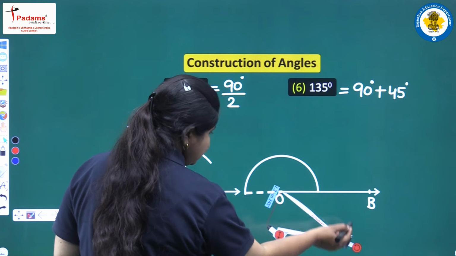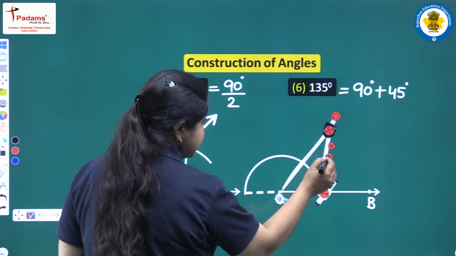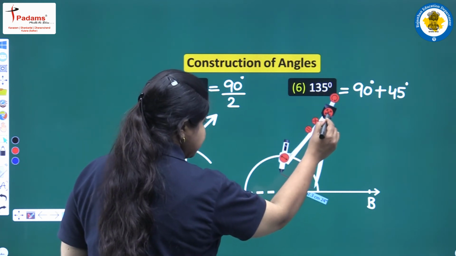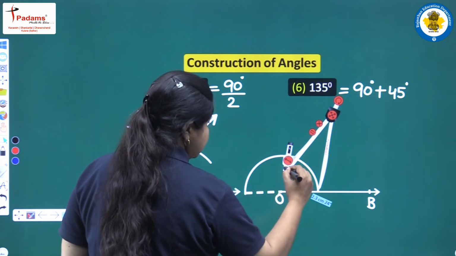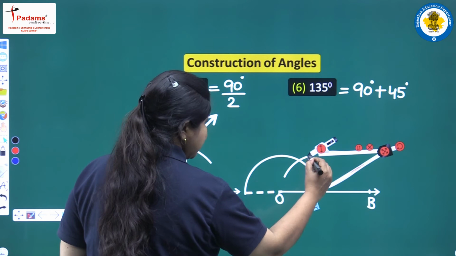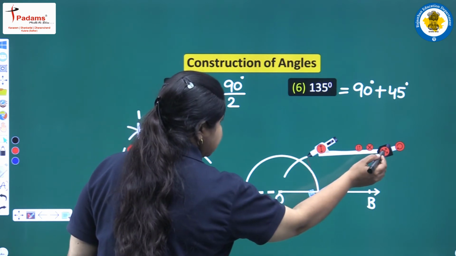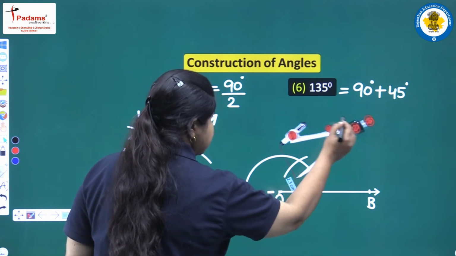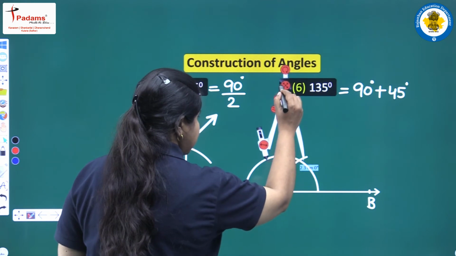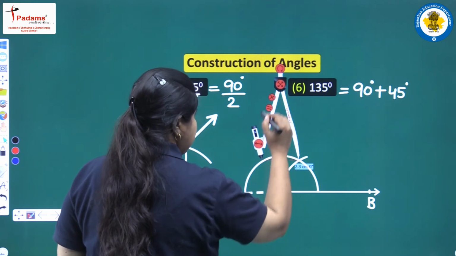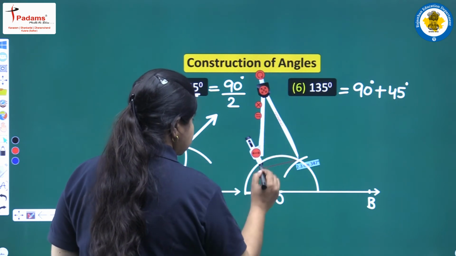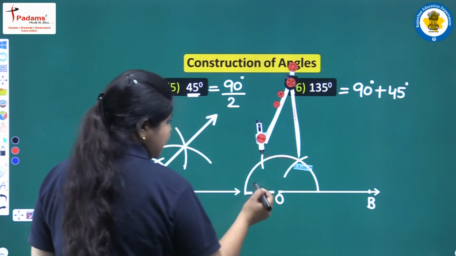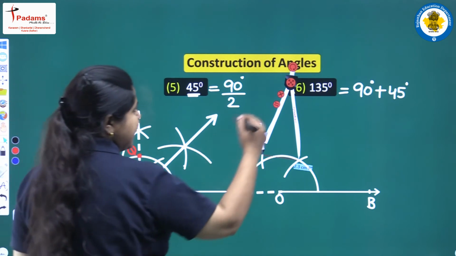Next, with the same radius, we will be keeping the pointed end at this point and draw another arc in this way. This is 60-degree angle. Again, keep the pointed end here of the compass, and with the same radius we will be drawing one more arc in this way. What do we get? 120-degree angle.